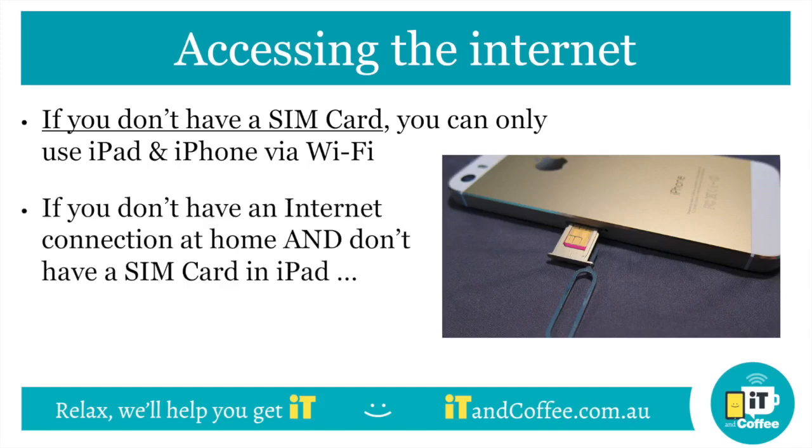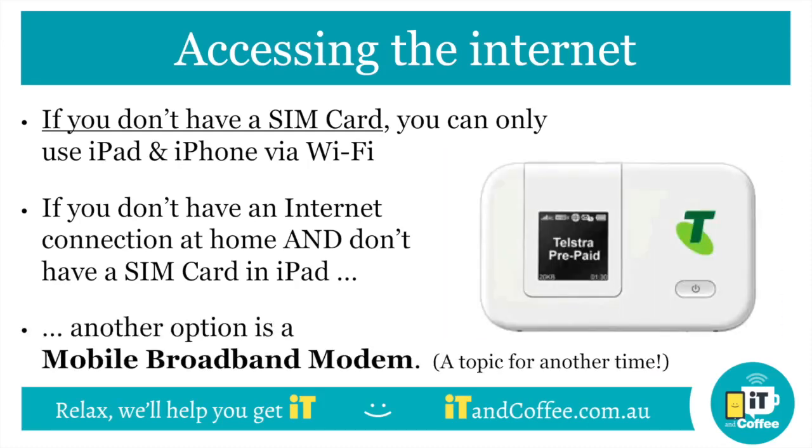If you don't have a SIM card and you perhaps have a few devices that you would like to use the internet on, you can actually get little mobile broadband modems which operate on a plan or a prepaid basis, and they are using the mobile network, the cellular network.